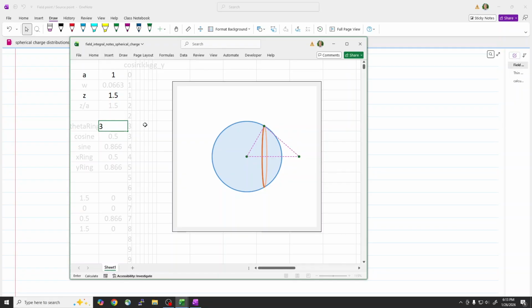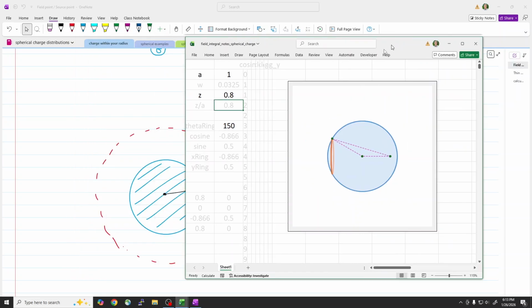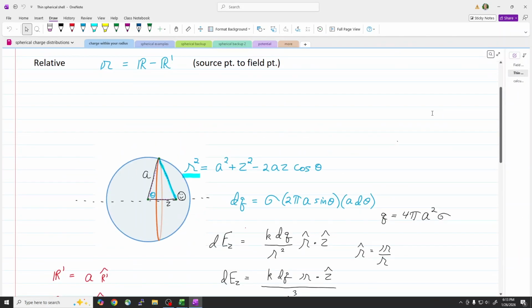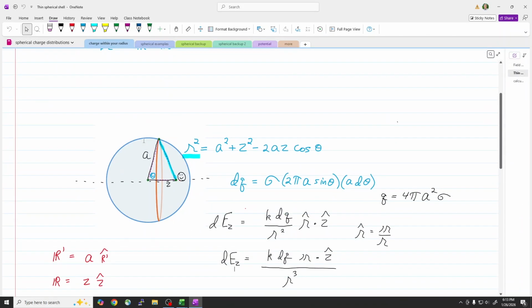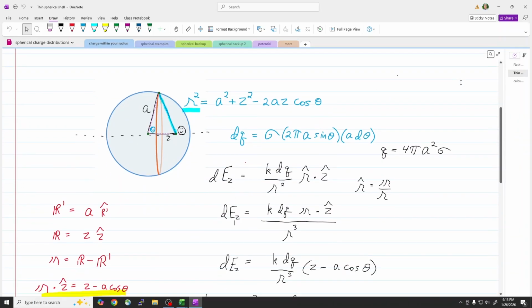So here's just a few examples. Here's 30 degrees. Here's 150 degrees. So again, theta is this angle here, and I could have z inside or z outside. And so here is an example of one of those hollow spheres, and I'm just showing some notation.